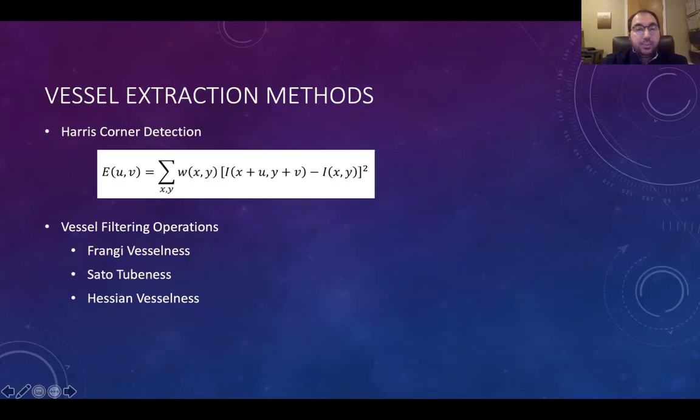And why is that important? Because we know that something happened if we've changed it. I've also tried quite a few vessel filtering operations, such as Frangi vesselness, Sato tubeness, and Hessian vesselness filters.